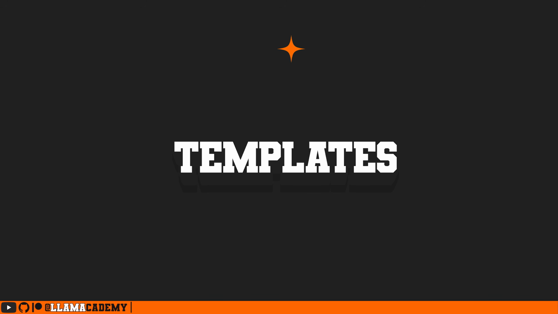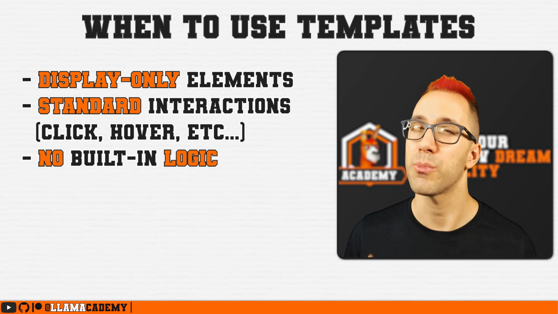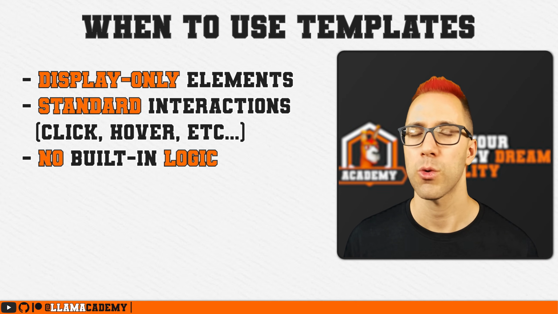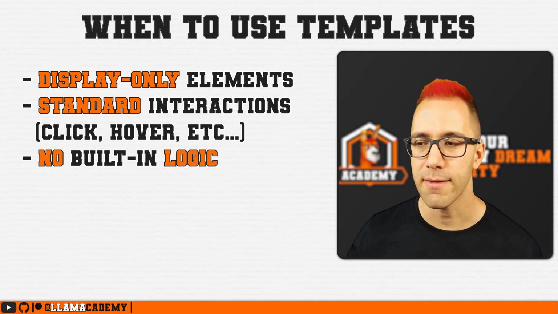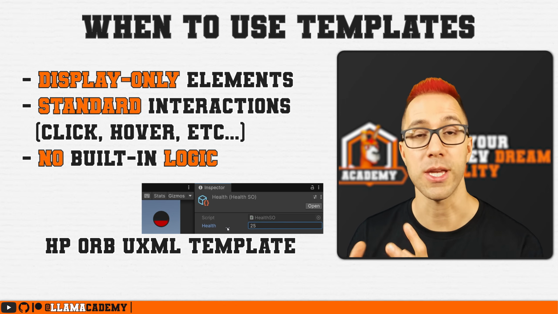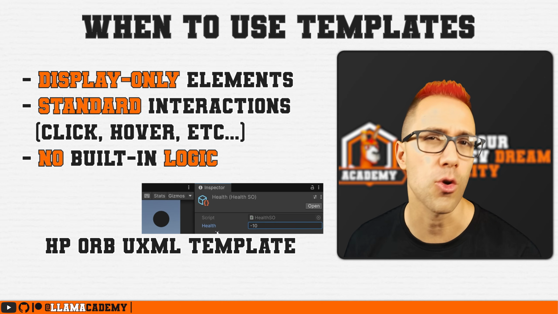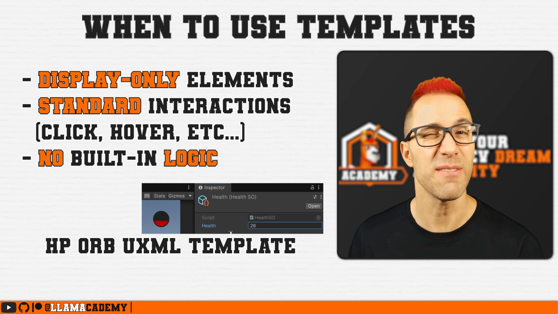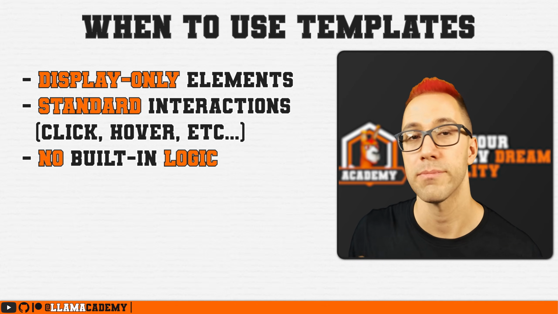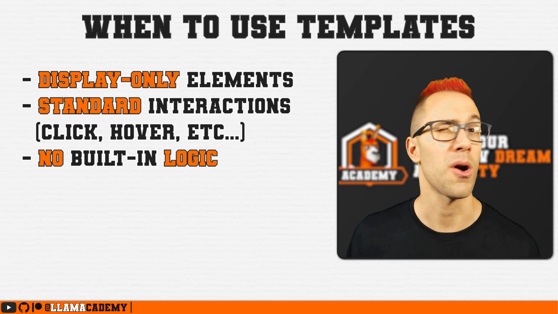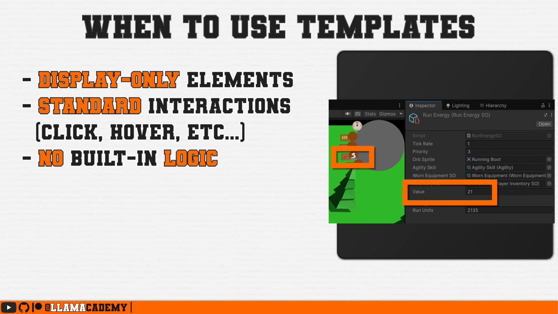Number one, templates. Templates are great for display-only elements where we don't need a bunch of logic baked in. Frequently in games, we might have an HP bar or an HP orb or a mana orb, something like that, where we're just trying to give information to the player. And we may need to do that in several different areas. By using data binding, we can set up all kinds of configurability in how it's displayed.